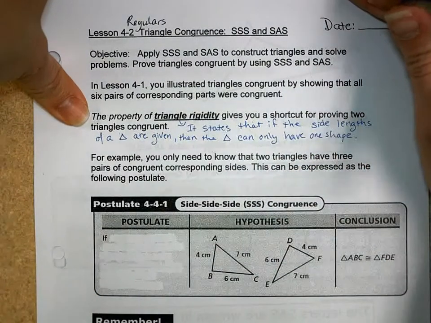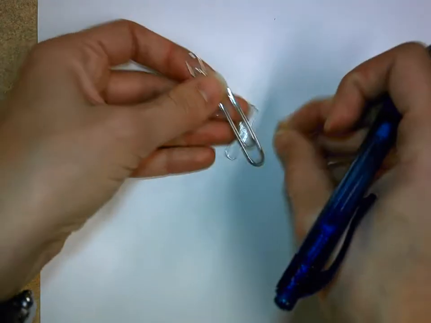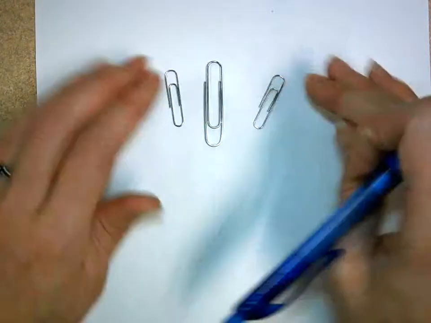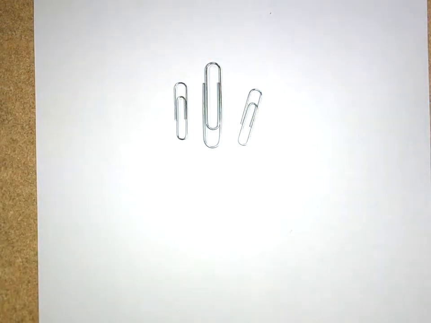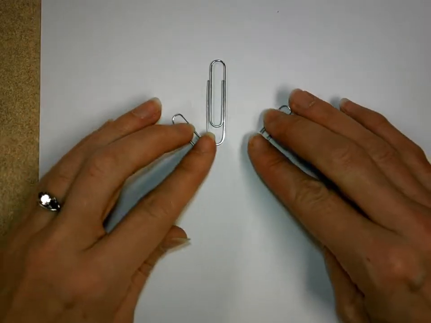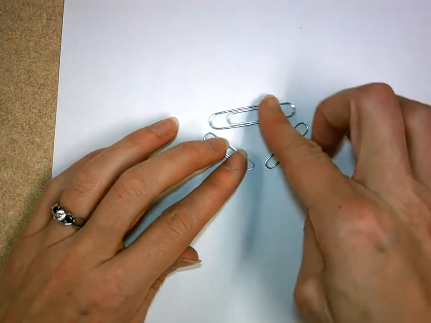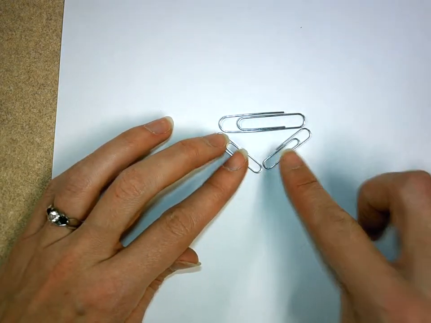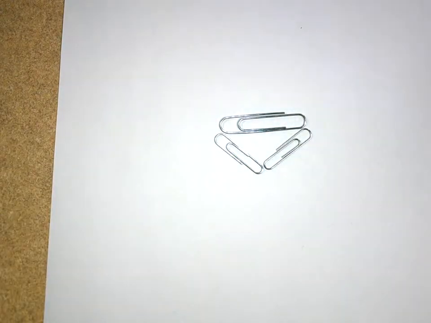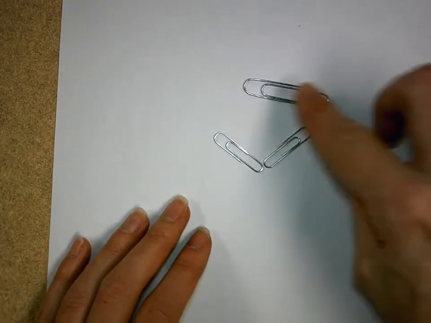You can do this with pens, pencils, markers. I'm going to use paper clips. Here I have 3 paper clips. They're going to represent 3 sides of a triangle. Now when I put them together to make a triangle, you can clearly see that shape. But what if I decide to move it around?